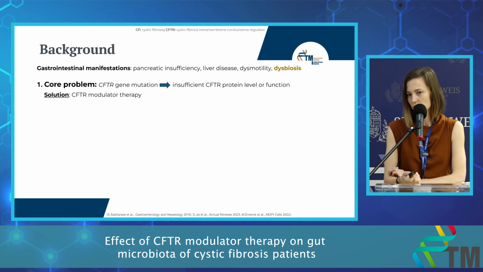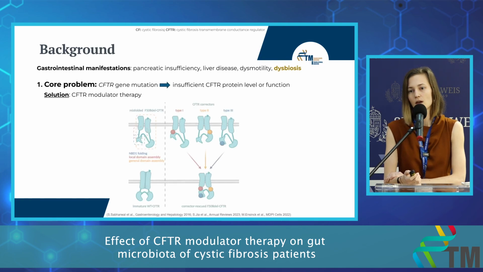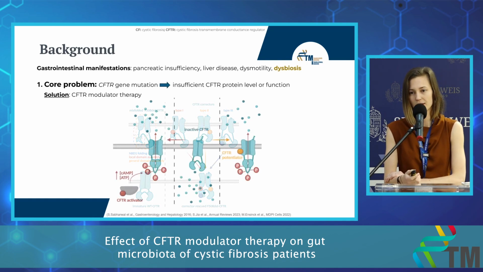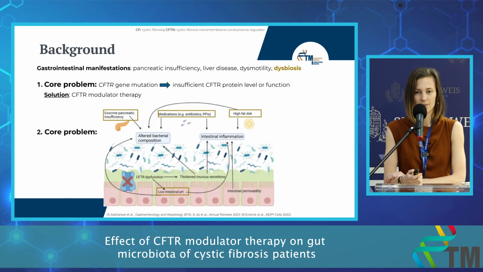However, we have a solution for this problem so far, the CFTR modulator therapy, which acts by either increasing the folding or trafficking of the CFTR protein to the cell surface, or by enhancing the function of the inactive CFTR channels.